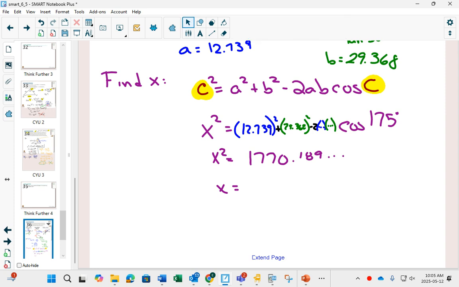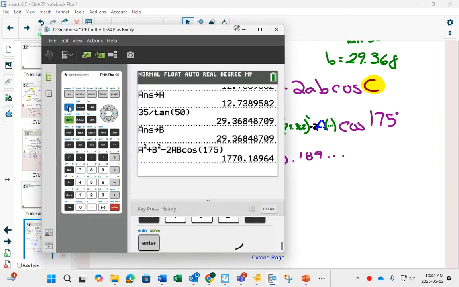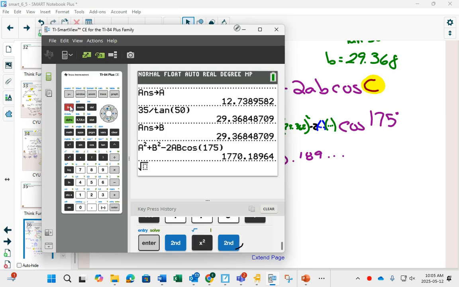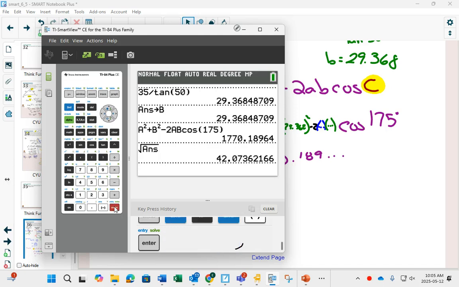And then I could solve for x by just square rooting that answer. Second square root, I like to use the answer button sometimes, right next to the equals if you push second, and the negative sign if you get the answer. And we get 42.074.